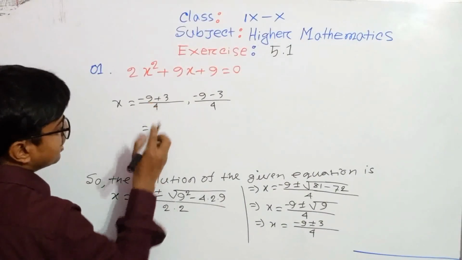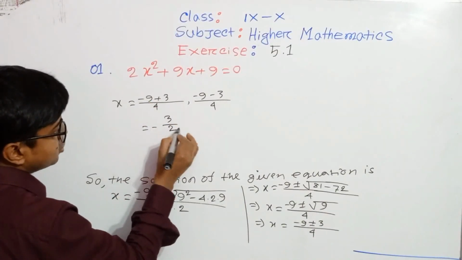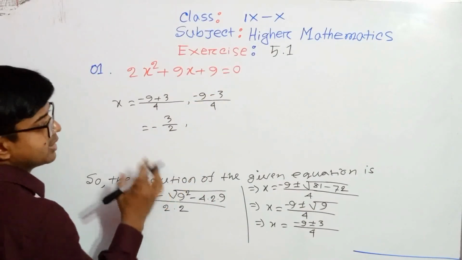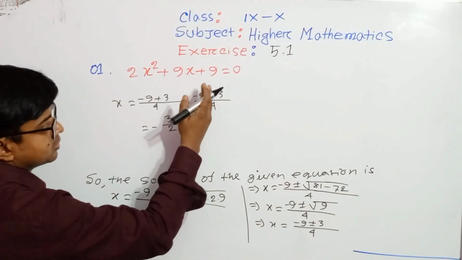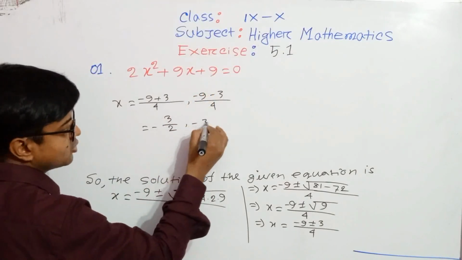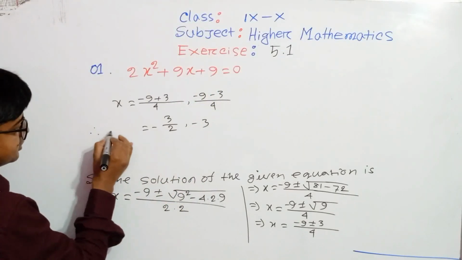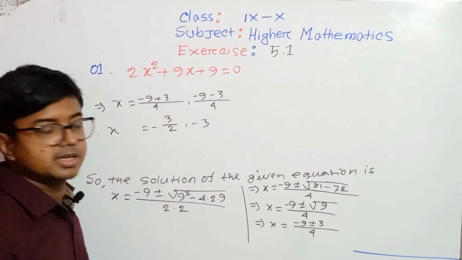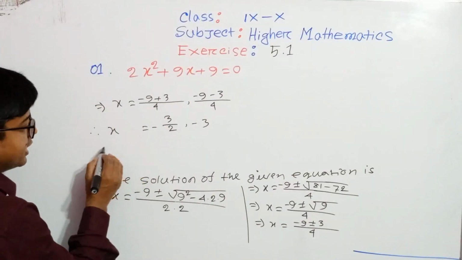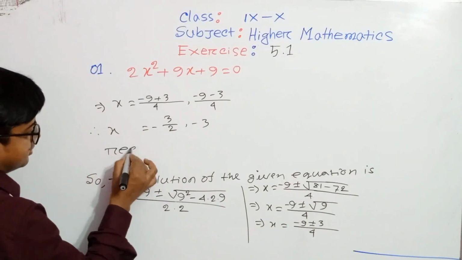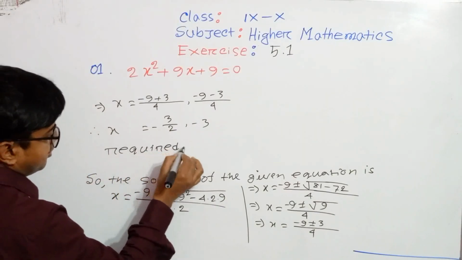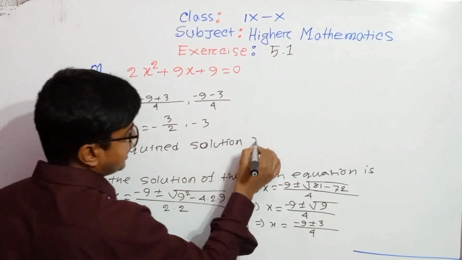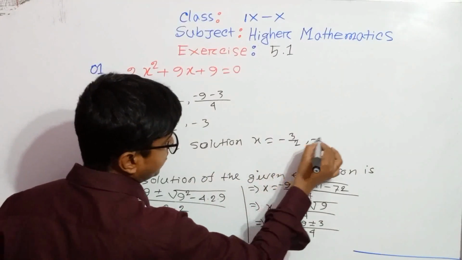So our answer will be minus 3 by 2, and here minus 9 and minus 3 gives minus 12 by 4, that means minus 3. x equals minus 3 by 2 and minus 3. So our required solution is x equals minus 3 by 2 and minus 3.